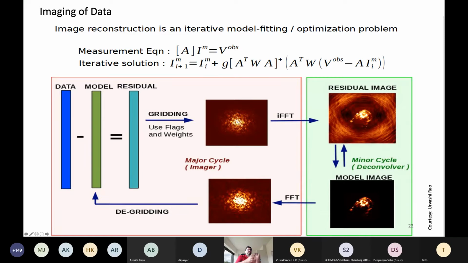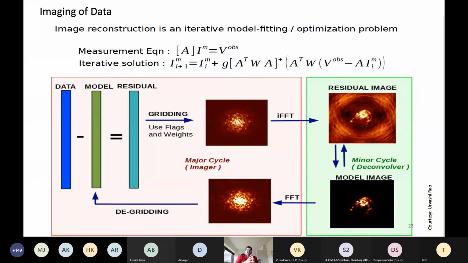Okay, so once you have done the basic calibration, then you basically go for doing the imaging. And to do that, you have to essentially follow a few steps, which we're skipping for now because of lack of time. You have to grid the data. Typically, as I said in the beginning, the relationship between the visibility and the image is a two-dimensional Fourier transform. Let's stick to that for the time being.